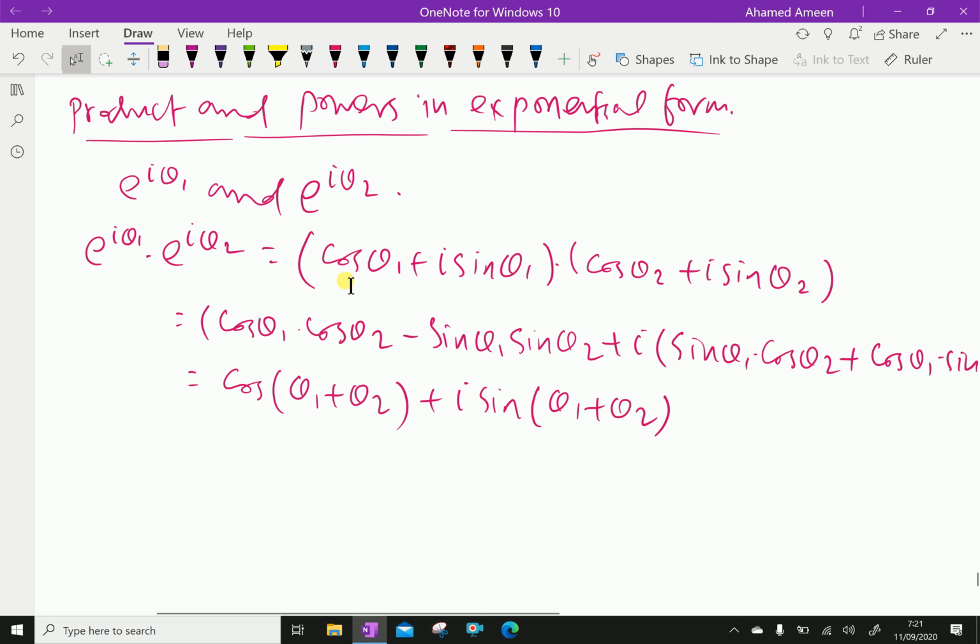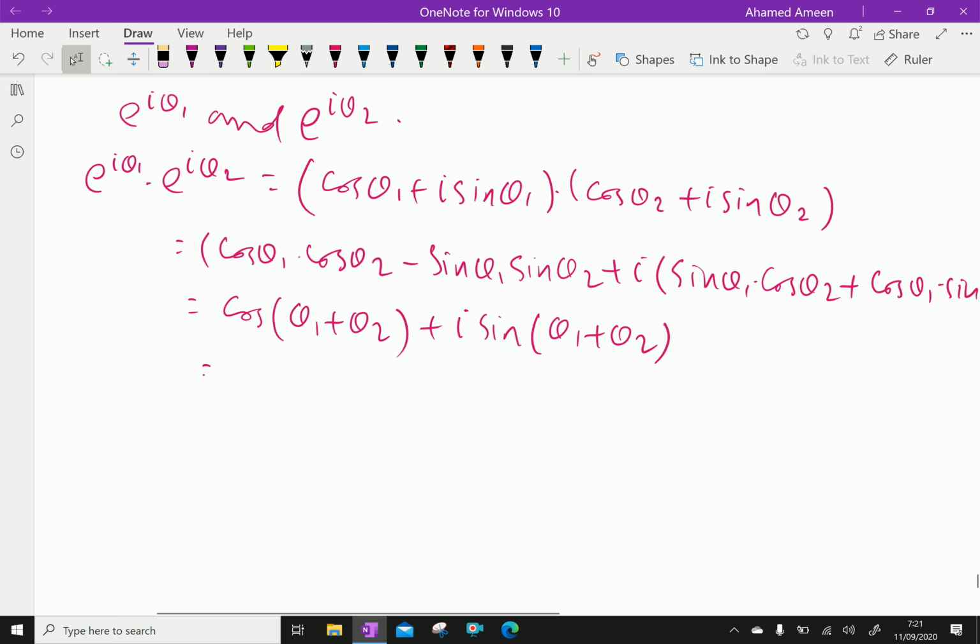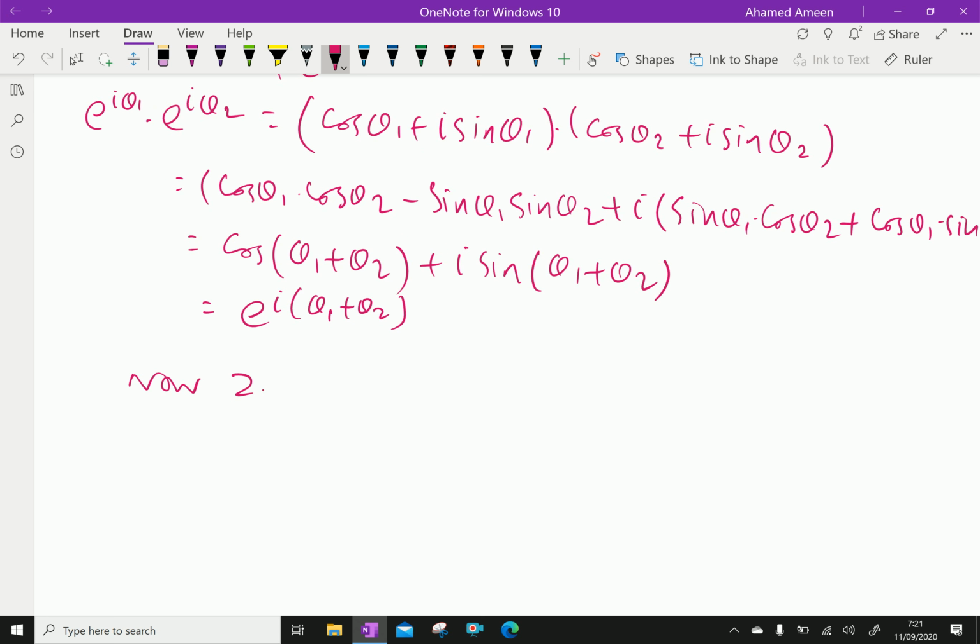So here the product of e power i theta 1 and e power i theta 2 is equal to cos of theta 1 plus theta 2 plus i sin of theta 1 plus theta 2, which can be expressed as e power i theta 1 plus theta 2.